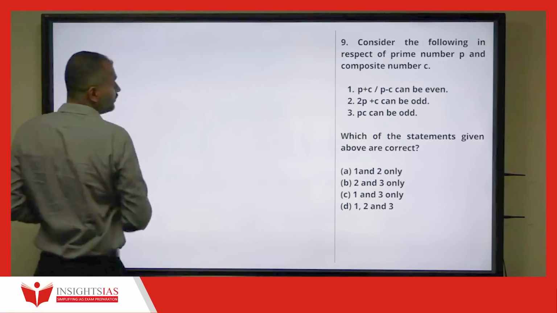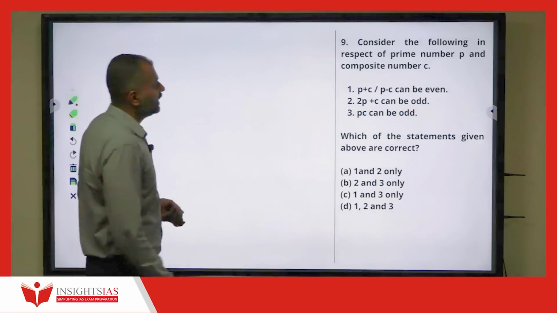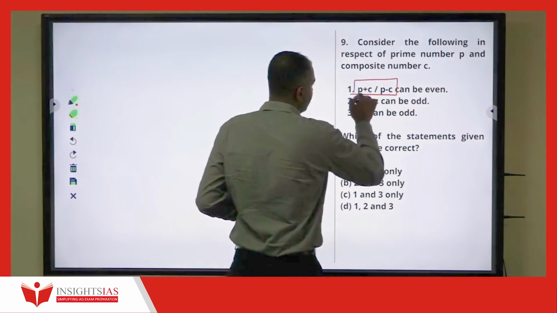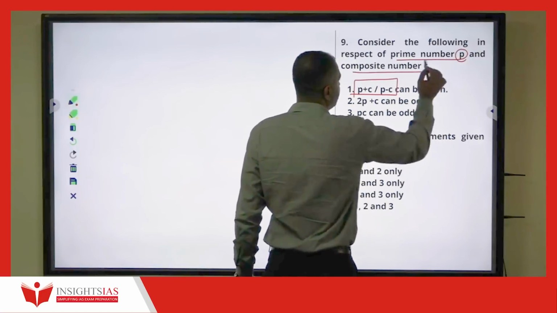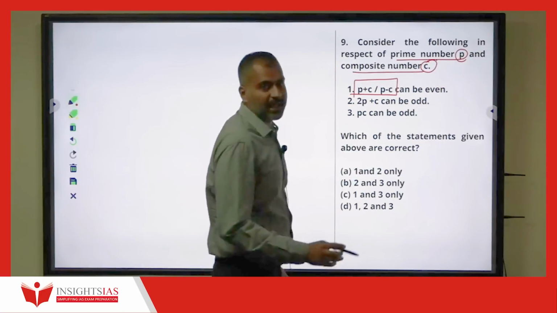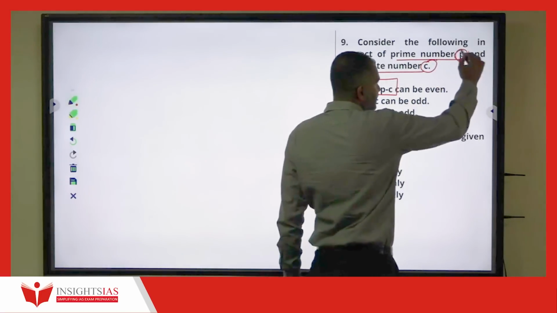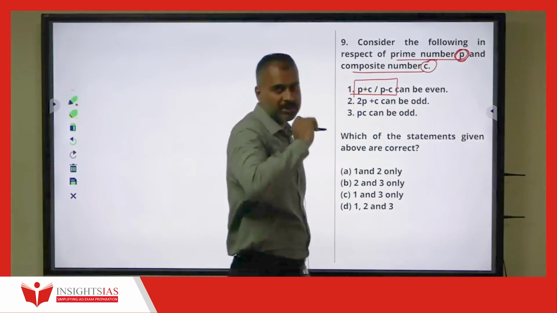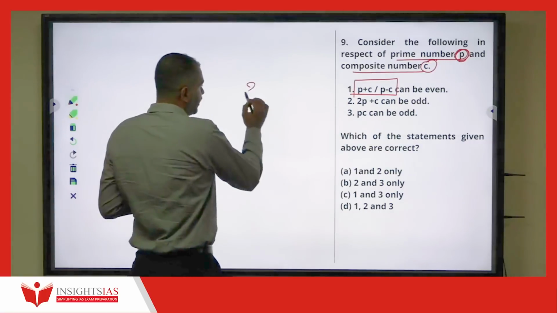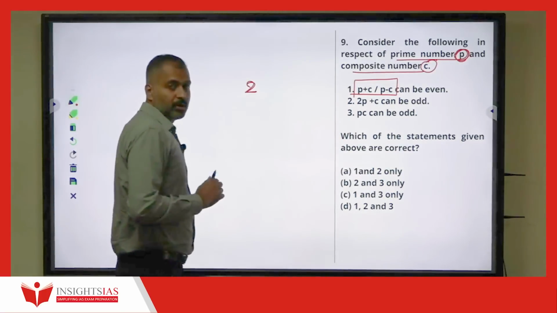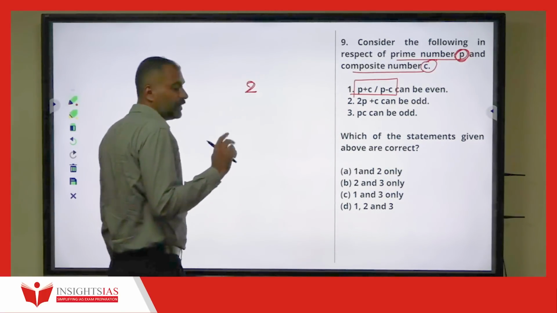Now this question, P plus C by P minus C. I'll take an example. Consider the respective prime number P and composite number C. Prime means having 2 factors, divisible only by itself and 1; composite numbers have more than 2 factors. For P, I will take the prime number 2, the first and smallest prime number, and 1 is not a prime number.